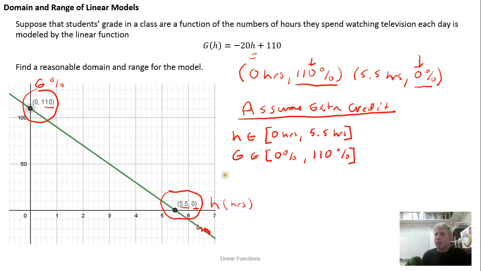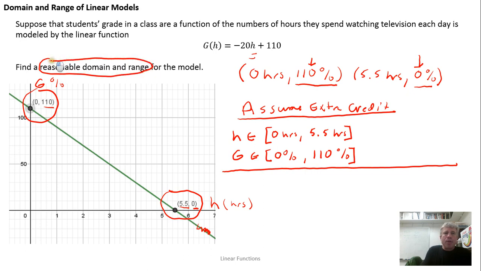If we don't assume extra credit is possible, then we would need to change the domain and range, and that's okay to do. So again, this just says up here, it says give a reasonable domain and range. That means come up with a domain and range that you can defend. There isn't always a right answer.